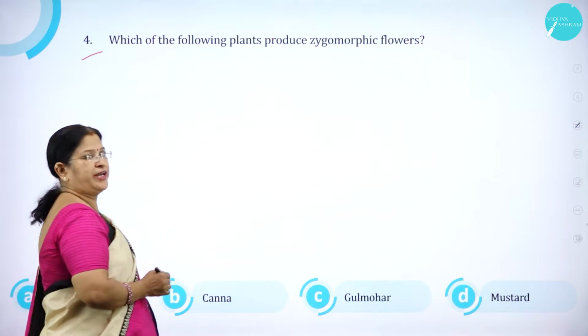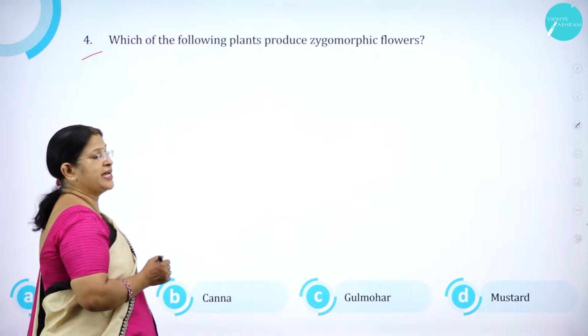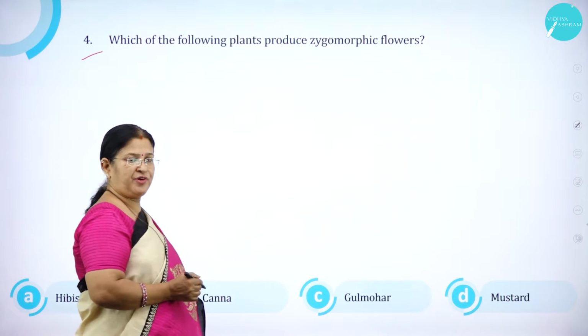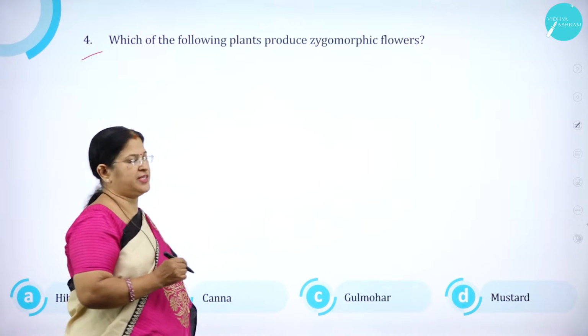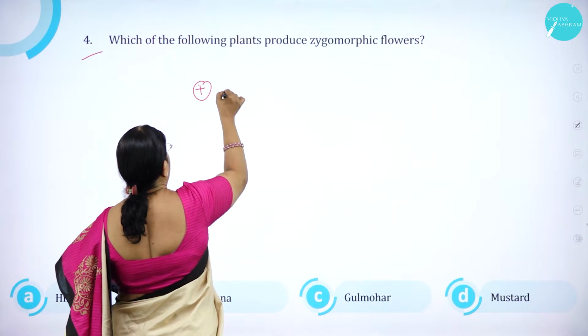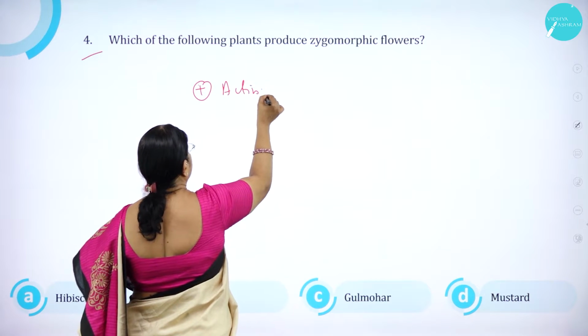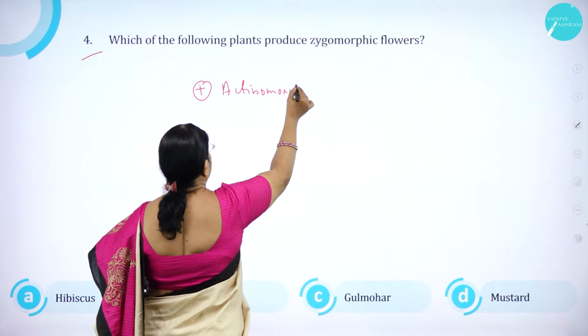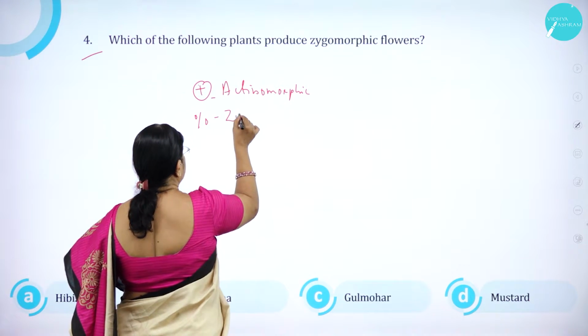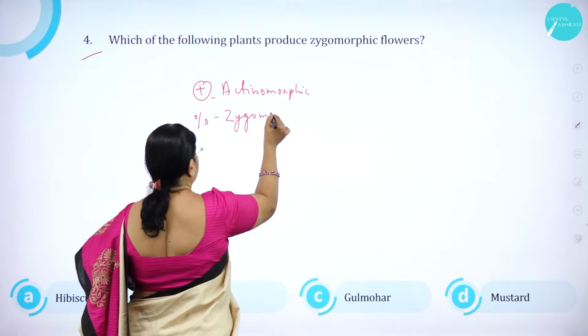Which of the following plants produce zygomorphic flowers? Hope you remember in morphology of flowering plants in first PUC, flowers are of two types, one called actinomorphic and the other one called zygomorphic.